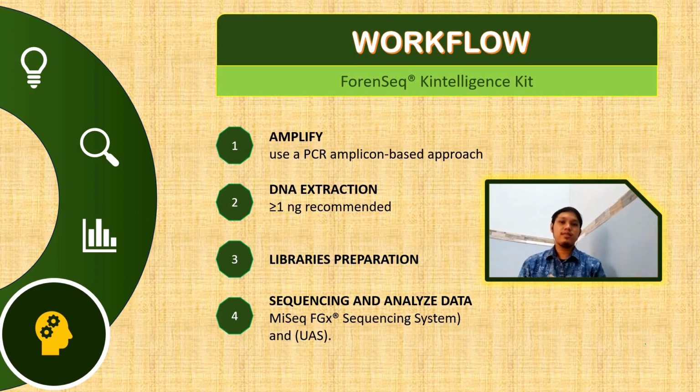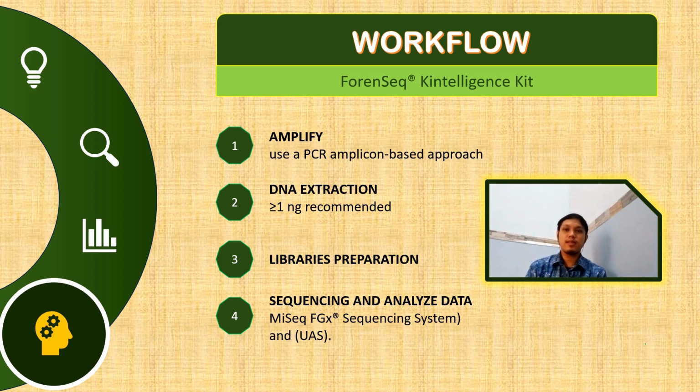Okay, now I will discuss the workflow of the Forensic Intelligence Kit. The first step is amplify. The Forensic Intelligence Kit utilizes a robust PCR amplicon base to amplify targeted SNPs. The second step is DNA extraction, where the DNA is carefully extracted, accurately quantified, and diluted to a minimum of 1 nanogram to meet input requirements.